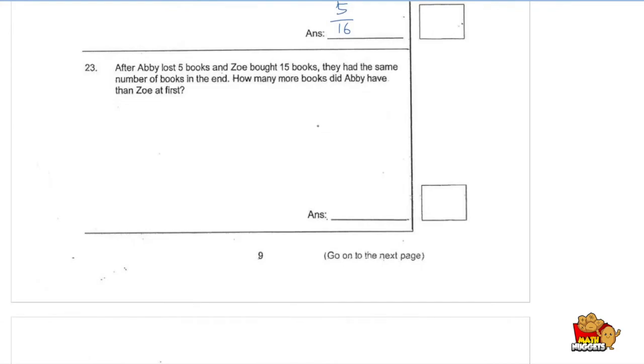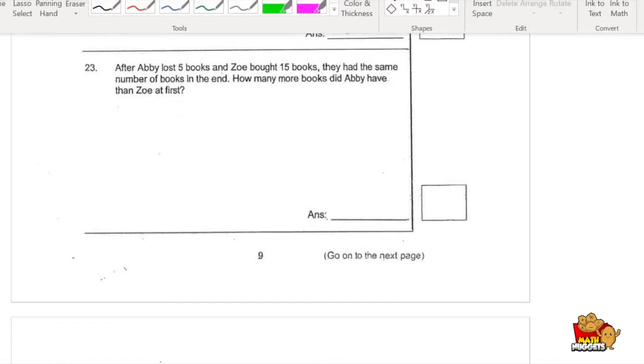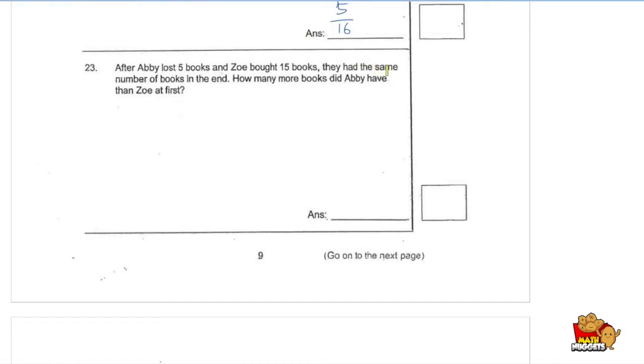Question 23. This is an equal stage, because at the end they have the same number of books. I will start drawing the model from the end and I work backwards. So Abby and Zoe, they ended up having the same number of books.